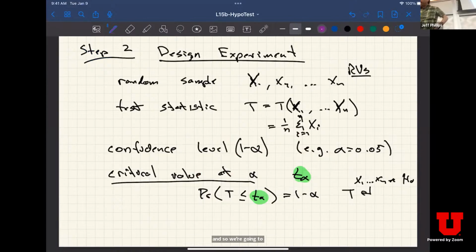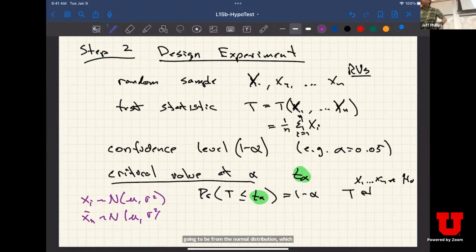If we assume that each xi is from the null distribution, which I'll say as normal with mean mu and variance sigma squared, then xn bar is going to be from the normal distribution with mean mu and variance sigma squared over n. Remember, the variance goes down at a rate of 1 over n. So if we're averaging over n things, we now have an understanding of the distribution of xn bar.